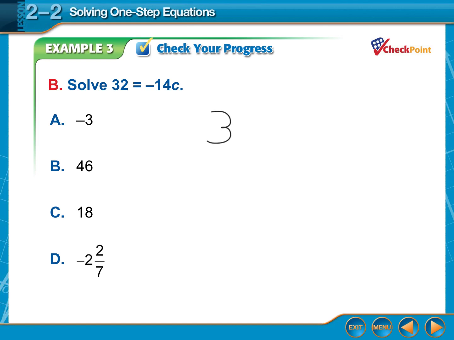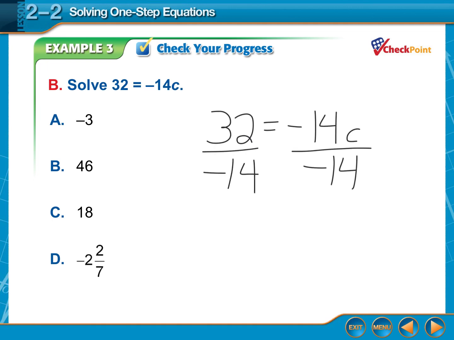Now, we're looking at a different relationship. What is happening between negative 14 and C? They're right next to each other, so they're multiplying. So, what's the opposite of multiply? Divide. So we're going to divide both sides by negative 14. What is 32 divided by negative 14?